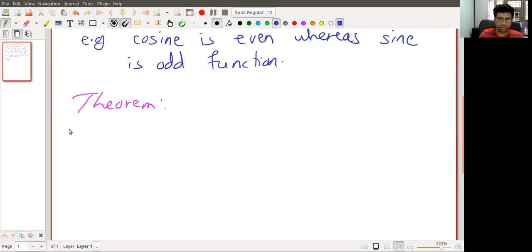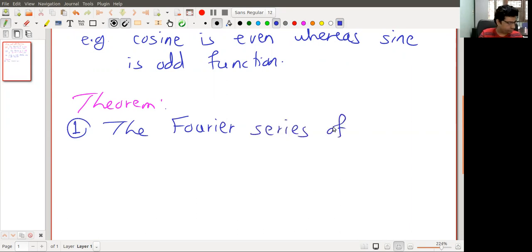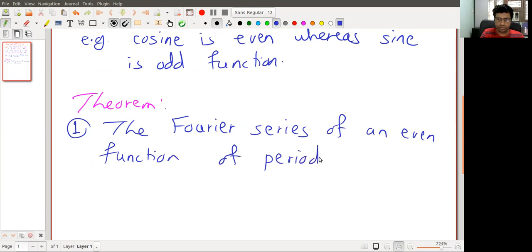So first, the Fourier series of an even function of period 2L is a Fourier cosine series.